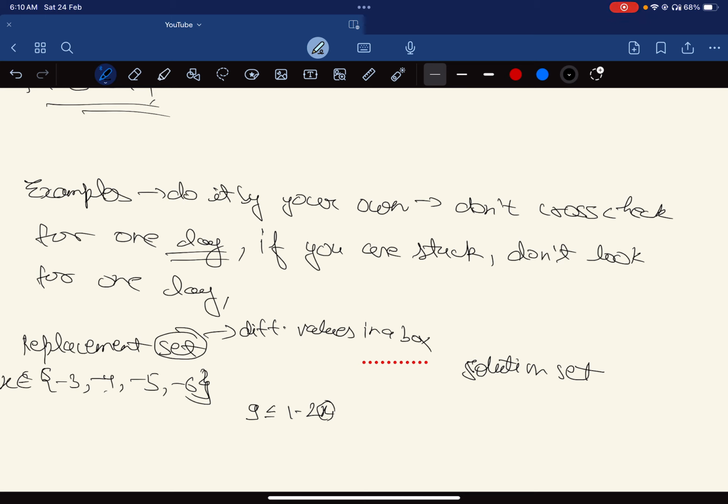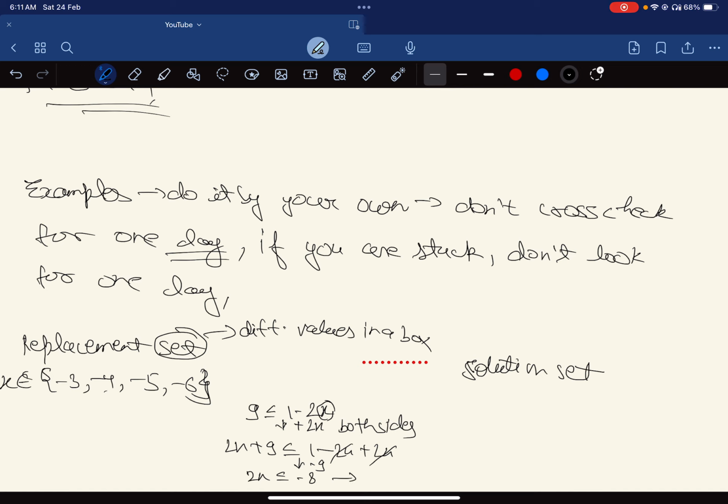We'll say plus 2x both sides. We'll have 2x plus 9 less than or equal to 1 minus 2x plus 2x. Because then we'll have to make it alone, right? We'll say minus 9 both sides: 2x less than or equal to minus 8.